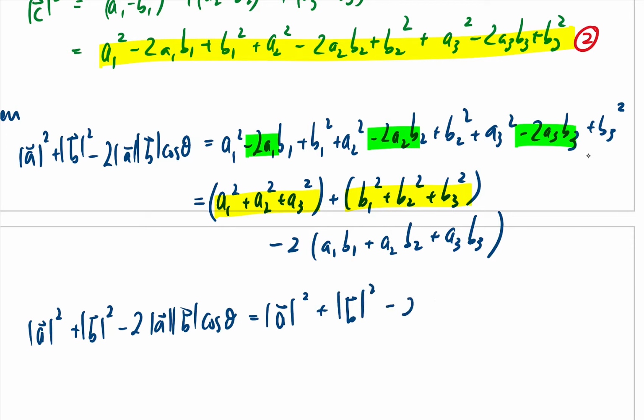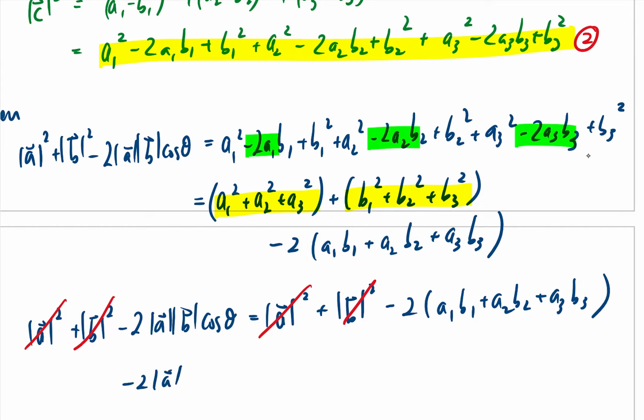Then I have minus 2 times a1 b1 plus a2 b2 plus a3 b3. Now if you look here, the a's will cancel, the b's will cancel, and I'm left with negative 2 magnitude of a, magnitude of b, cosine theta is equal to negative 2 times a1 b1 plus a2 b2 plus a3 b3.